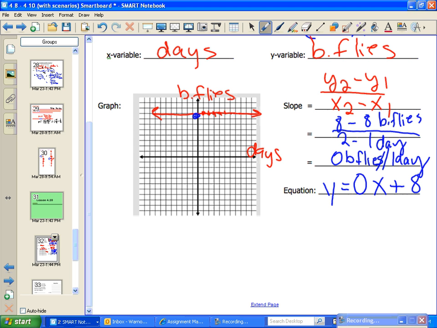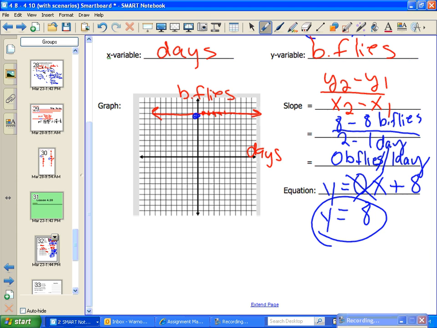What part in here don't we really need? Good. No matter what value I put in place of the x, it will always be 0. So the shortest answer would just be y equals 8. This is true for all horizontal lines. They will always have a slope of 0 and always be y equals just a number.